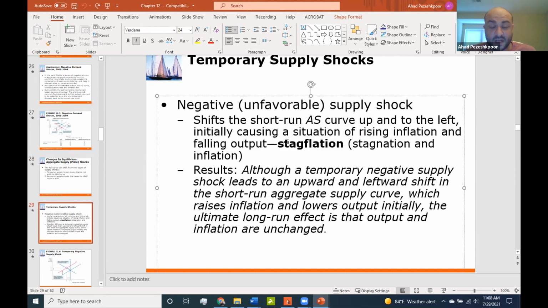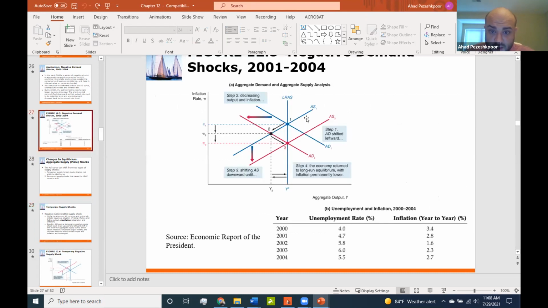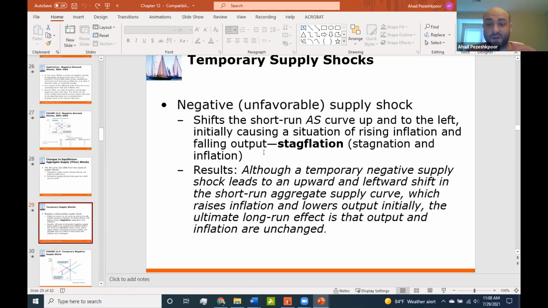You have rising inflation and a reduction in output at the same time. This is when aggregate supply changes first, not aggregate demand. Before, aggregate demand changed, then aggregate supply responded. In this case, aggregate supply first shifted to the left. Demand stayed the same. You have stagflation.